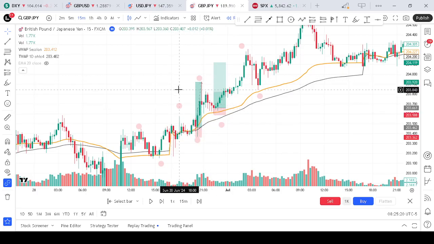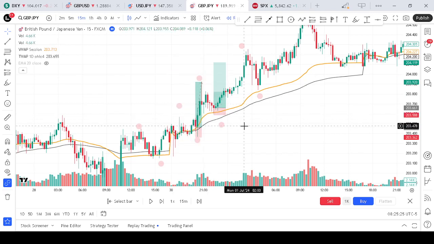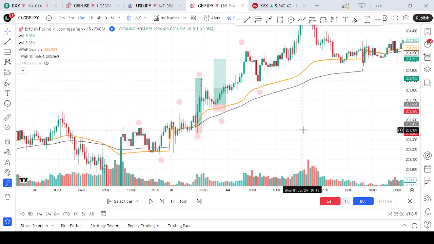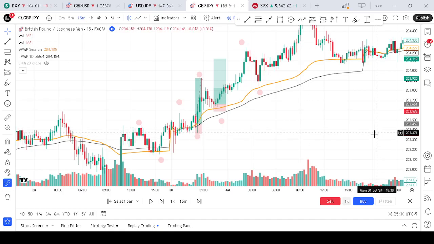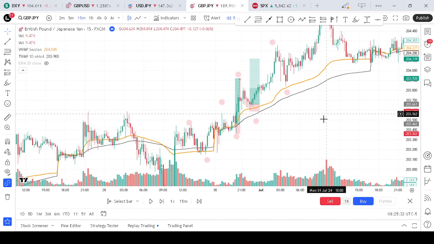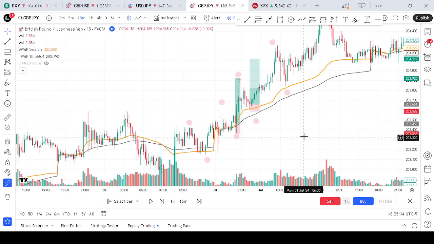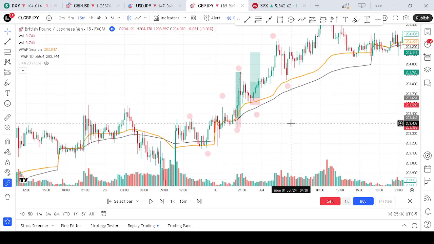By following this step-by-step approach, traders can systematically enter long positions while using the VWAP and TWAP indicators to optimize entry timing and manage large orders effectively. Alright traders, we have come to the end of this video. The long only strategy represents a focused and systematic approach to forex trading that can yield consistent results when properly implemented.